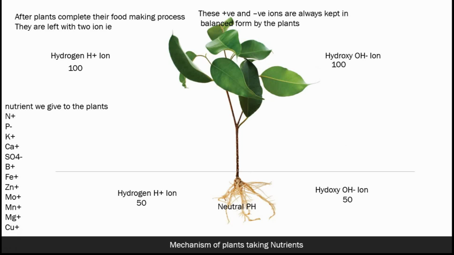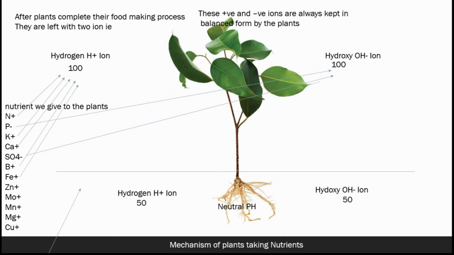So if we are giving N plus, P negative, K plus, Ca plus, SO4 minus, B plus, Fe plus, zinc plus, Mo plus, manganese plus, magnesium plus, copper plus, that means we are giving N plus, then P negative to the hydroxy, K positive to hydrogen again, then Ca positive to hydrogen again, and the cycle goes on.